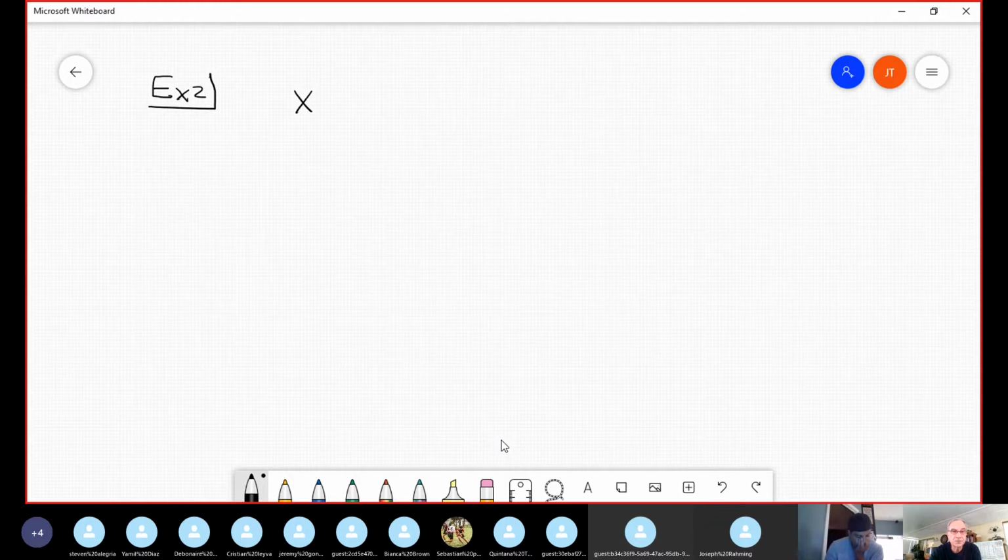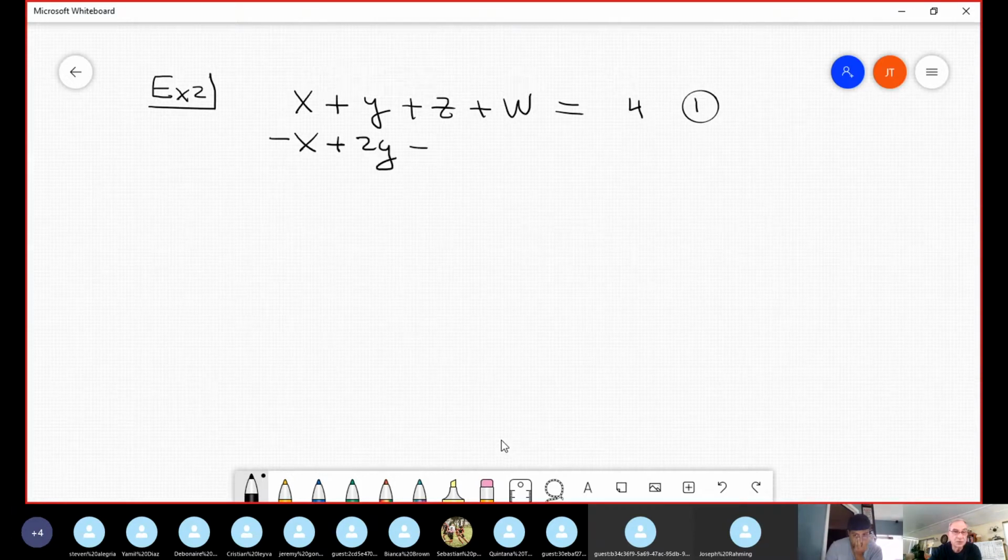In example 2 we have x plus y plus z plus w equal 4. And this is equation 1. Minus x plus 2y plus z equal 0.